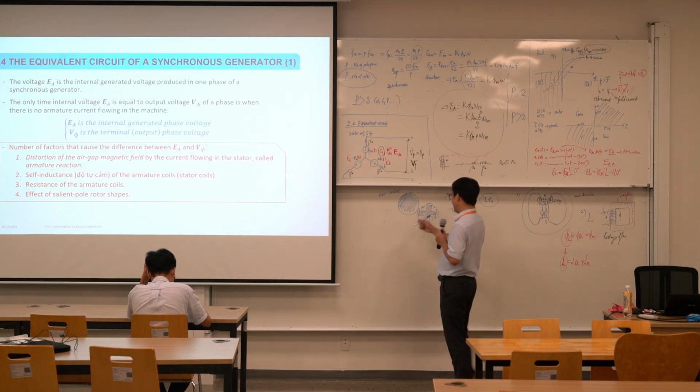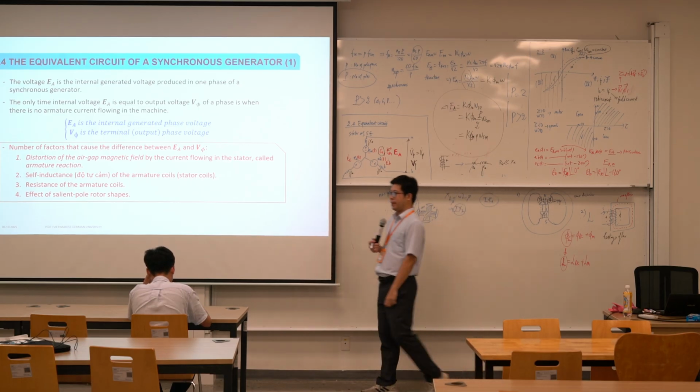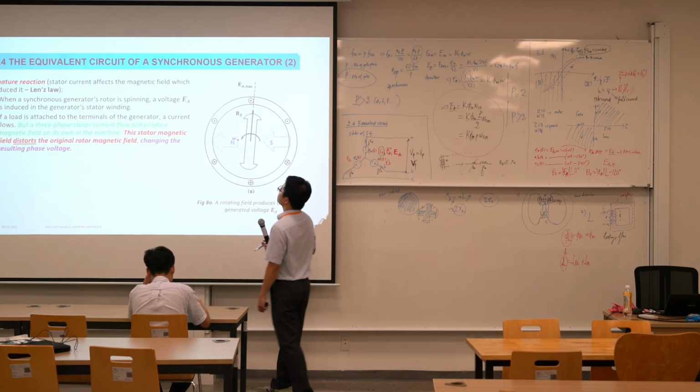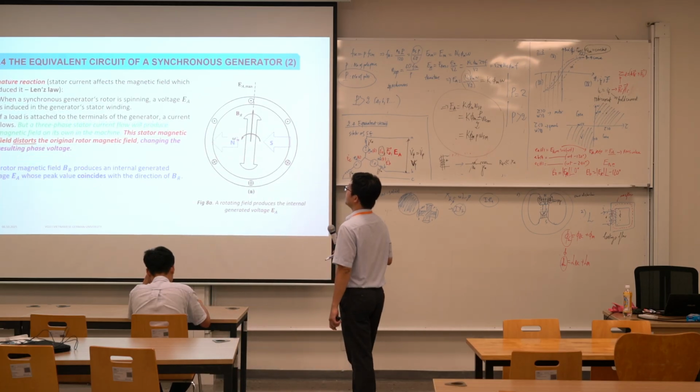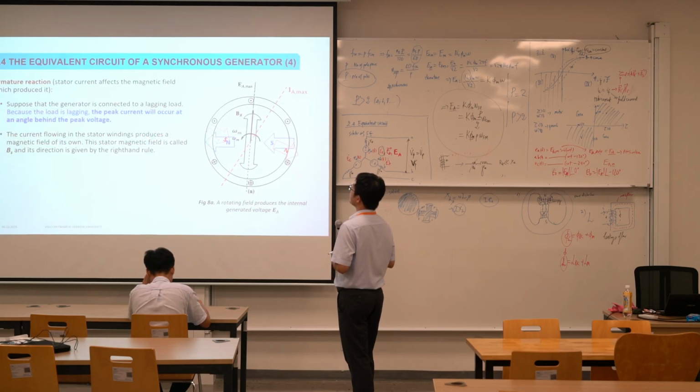If we use salient poles, we have some space here, so more distortion. Okay, do you understand? You get my point? Then this one we skip; it is for your reference.